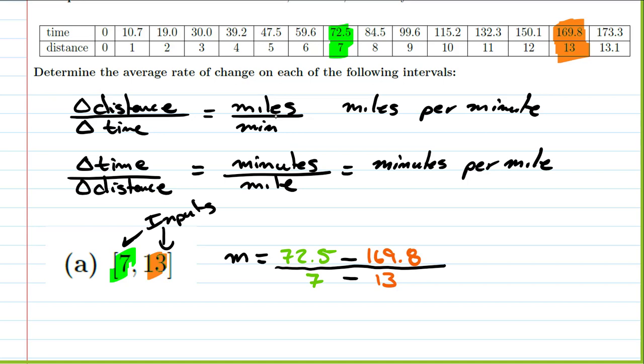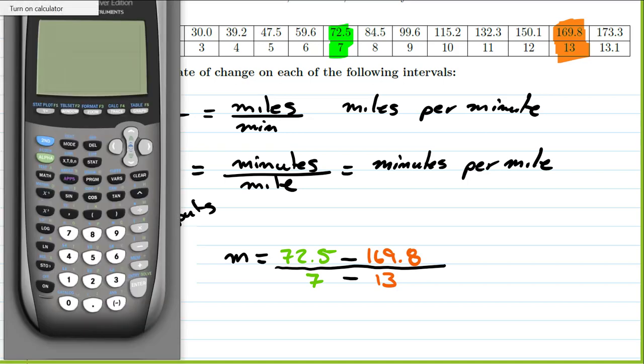Then if I simplify that by just putting it into my calculator, so alpha y equals, enter gives me a fraction, 72.5 minus 169.8 all over 7 take away 13. I hit enter and I get, rounding to the nearest hundredth, about 16.22.